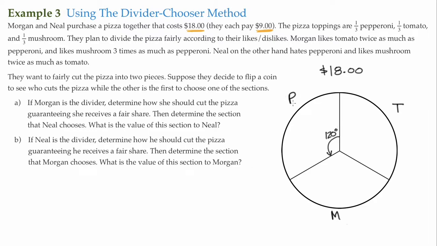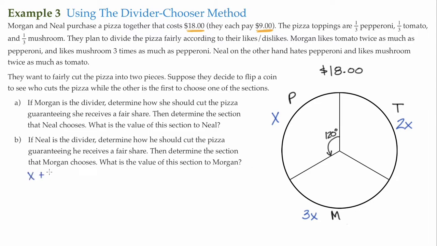So for example, if the pepperoni is X and she likes tomato twice as much as pepperoni, then we could say that the tomato is 2X. And since she likes the mushroom 3 times as pepperoni, we can say that the mushroom is 3X. And if we add up the value of each one of these sections, it should come out to be the price of the pizza, $18. So we'll do that.